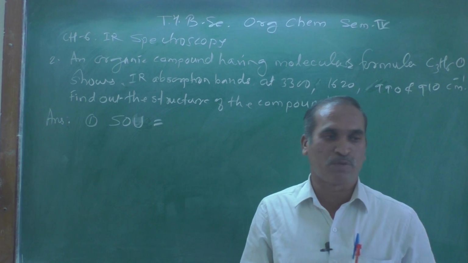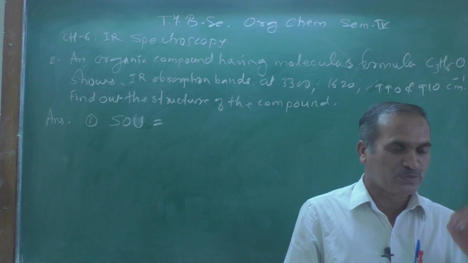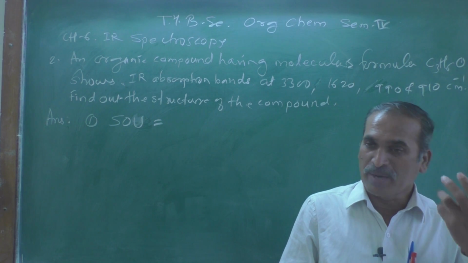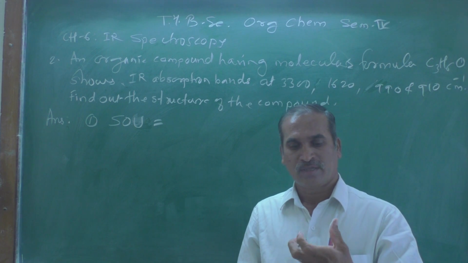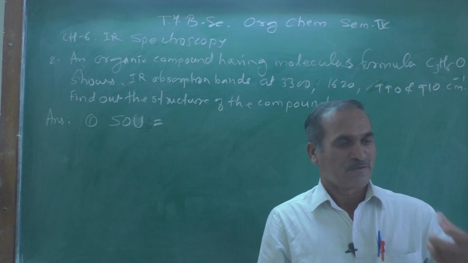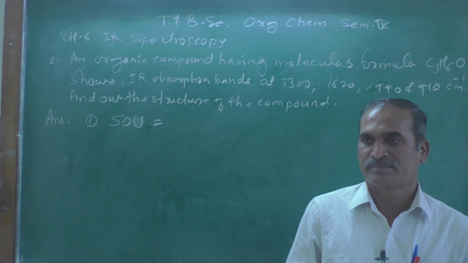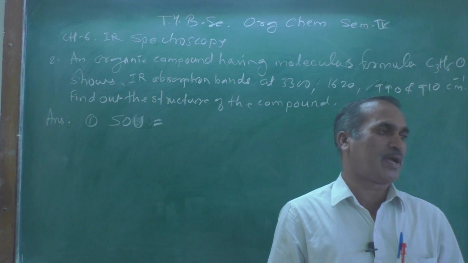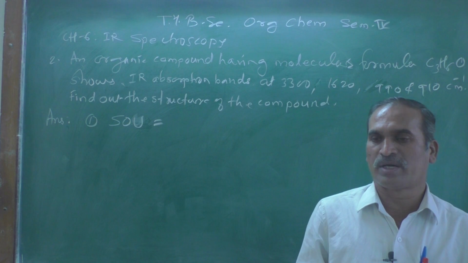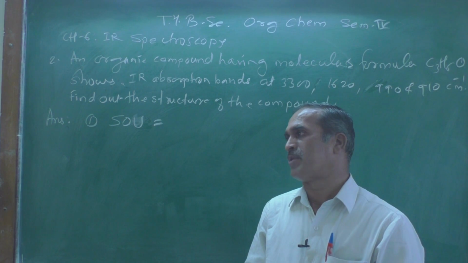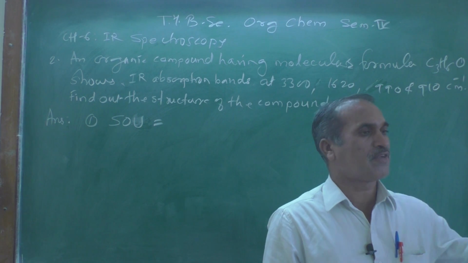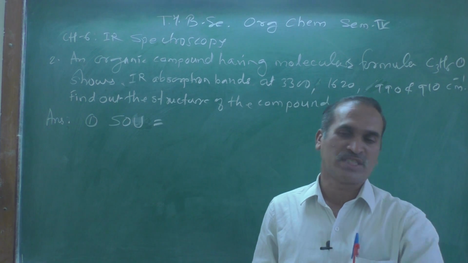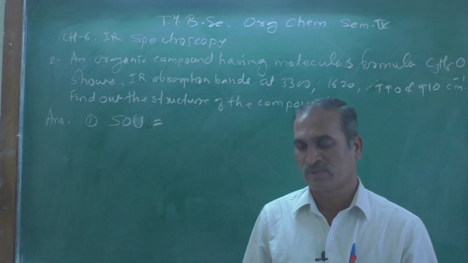IR spectroscopy helps us find the correct structure by knowing the IR stretching frequencies. From that, the organic chemist can immediately recognize or determine the possible structure of the unknown compound just by identifying the IR stretching frequencies.